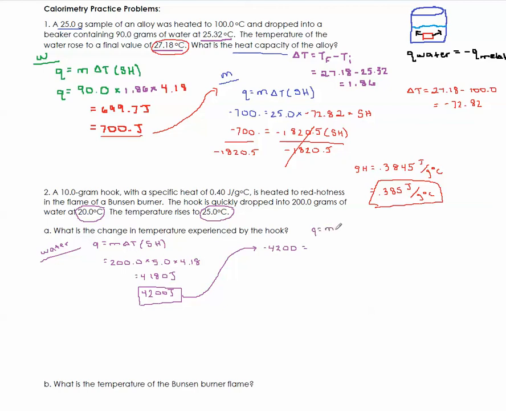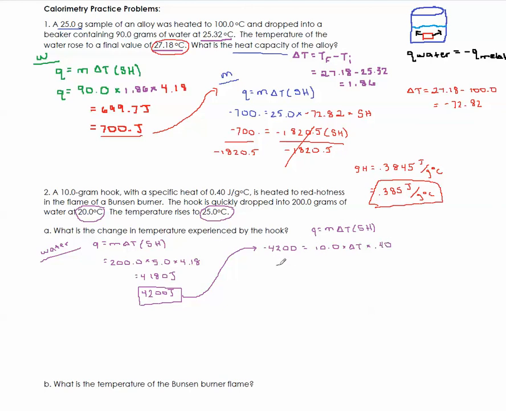I'm going to be using the formula Q equals M delta T times SH. Okay, so that's my Q there, that's the amount of heat that the metal releases. The mass is 10.0 grams. If you read the question, it's asking for delta T, the change in temperature, so I'm going to leave that alone. And then the specific heat is given to you, it's 0.40.